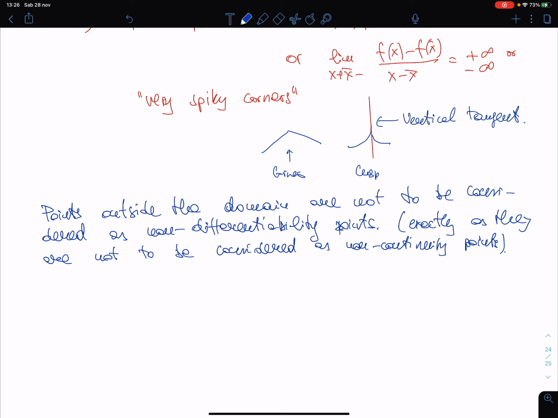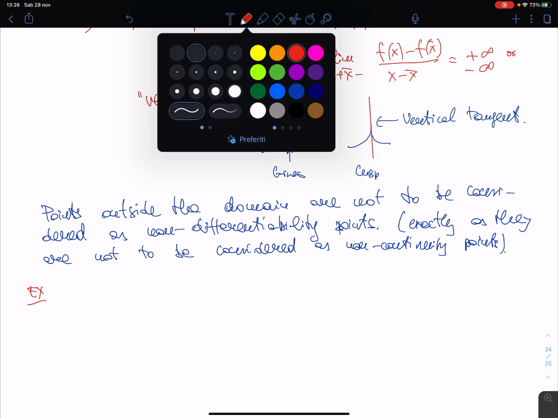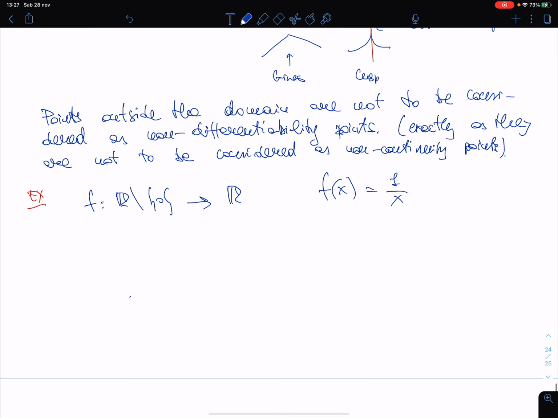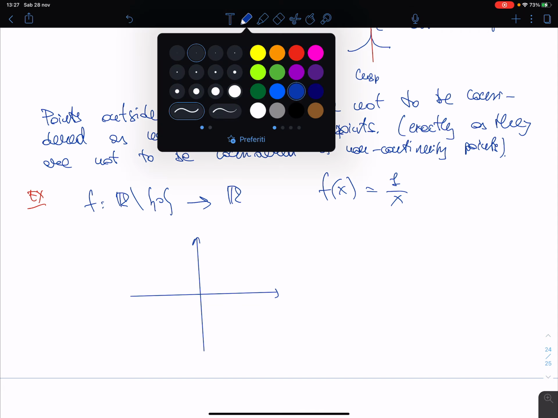Typical example that now you can expect is the following. f defined in R minus 0 to R, f of x is equal to 1 over x, and here is the point.